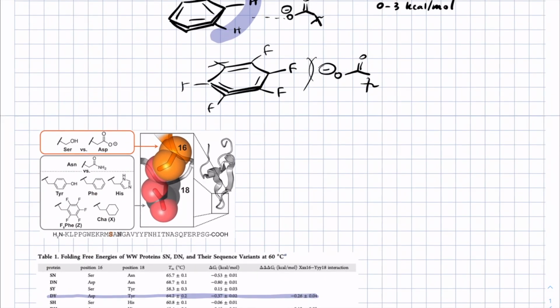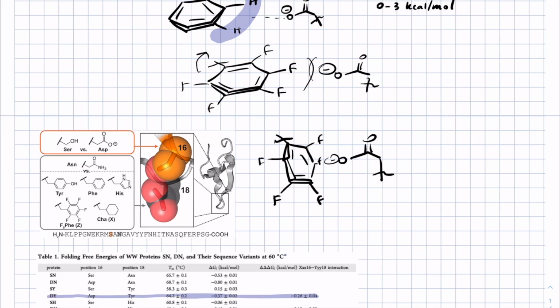But fear not, we don't think all is lost, because if it's possible for this ring to rotate, and this is where structural data would be nice, if the ring can rotate a little bit, then maybe what you actually have is a face-wise anion-pi interaction, which is totally allowed because in a fluorinated benzene ring, the quadrupole is reversed.